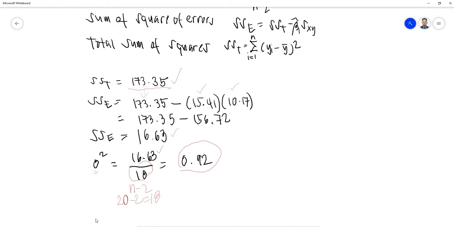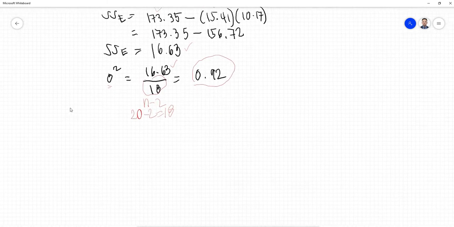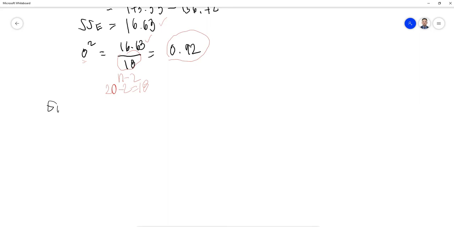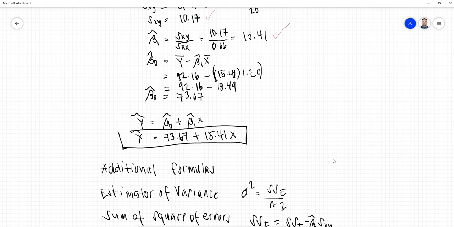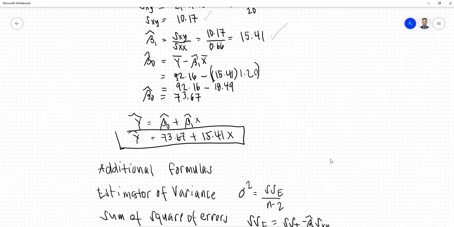Now, we will do hypothesis testing. Given is our significance level or significance value. Alpha is equal to 0.01 or 1%. Our slope b hat sub 1 is 15.41.